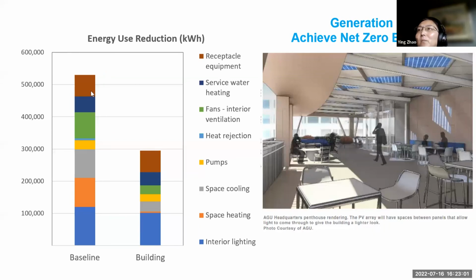So you can see compared to the last building, that building's receptacle equipment energy use is much more as a percentage of whole building energy use, but this one is much less. They reduce the receptacle load, and also they implement a strategy because they have a solar array.